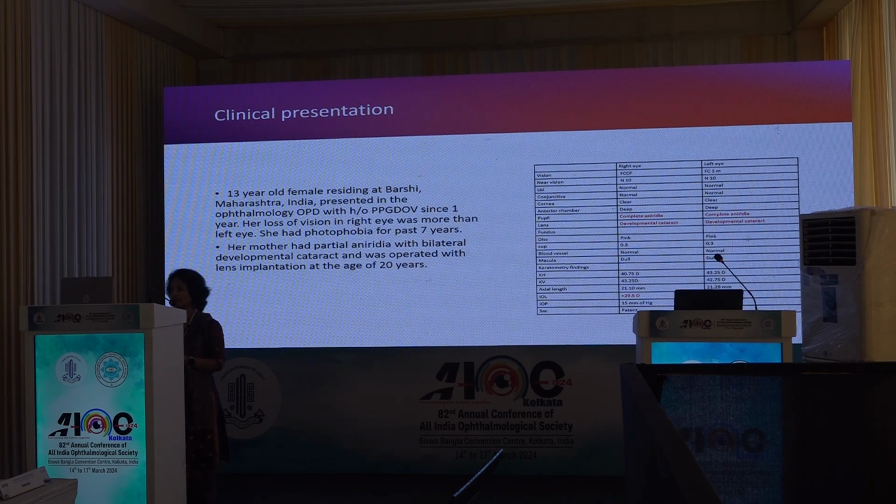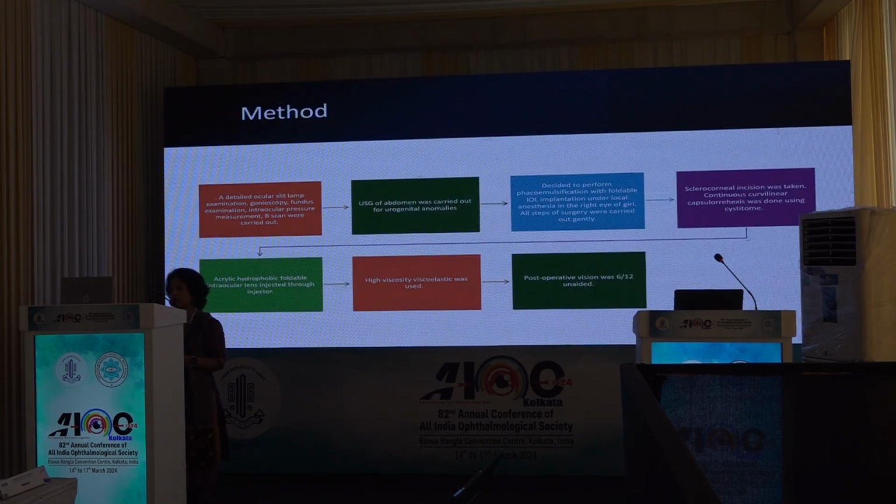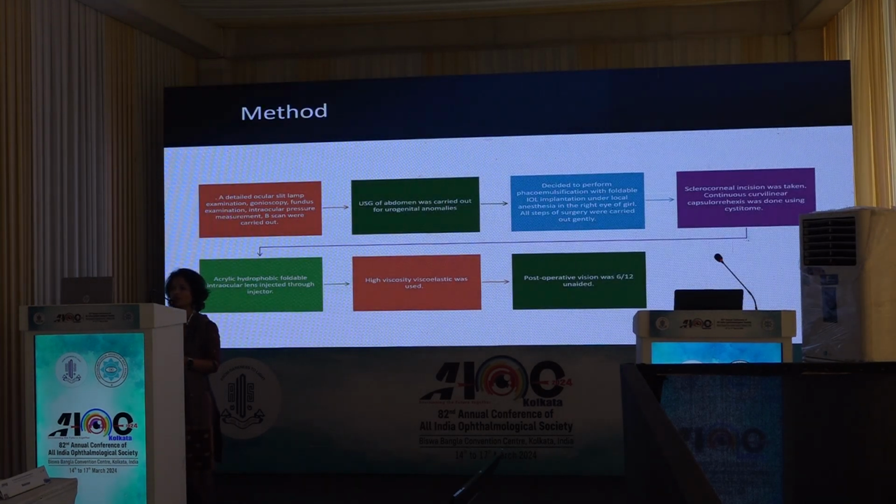On clinical examination, she had complete aniridia in both her eyes, and there was a developmental cataract in both her eyes. We did further investigations, and her IOL power was 29.5 diopter in the right eye and 29 diopter in her left eye. A detailed ocular history, slit lamp examination, gonioscopy, fundus examination, intraocular pressure and a B scan were done.